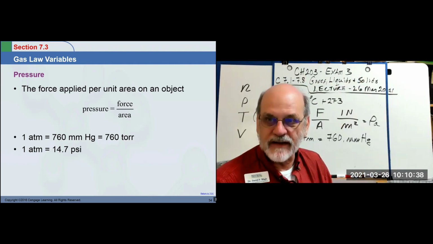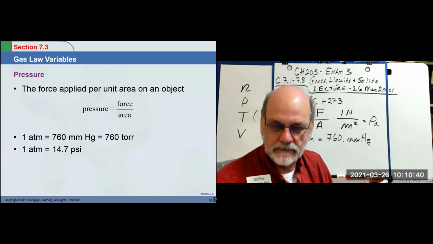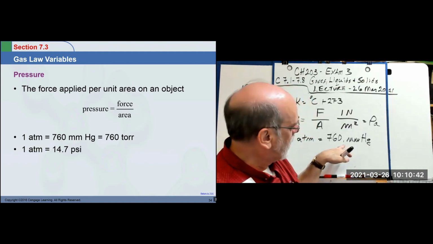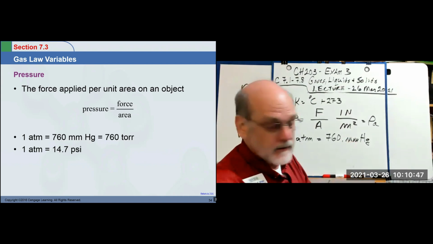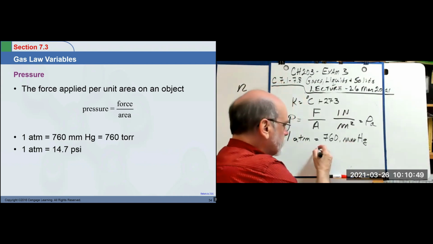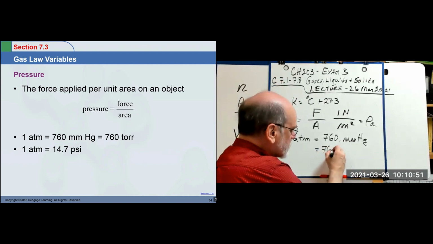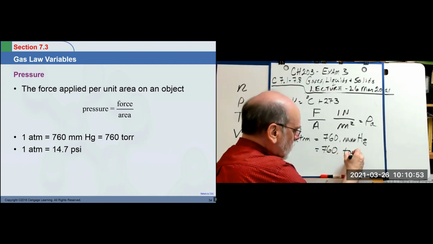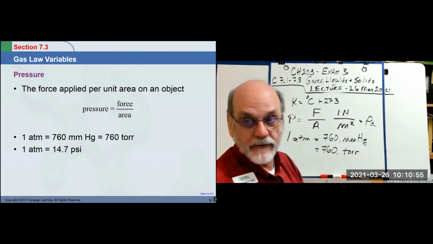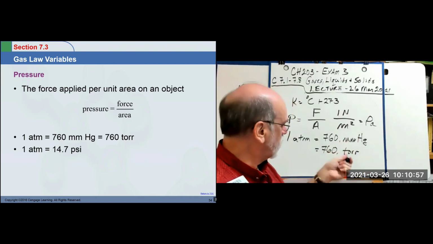It was invented by Torricelli, and for that reason, it's also referred to as 760 Torr after Torricelli. So these are equivalent to one another.